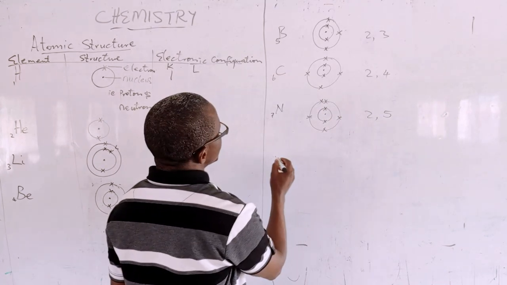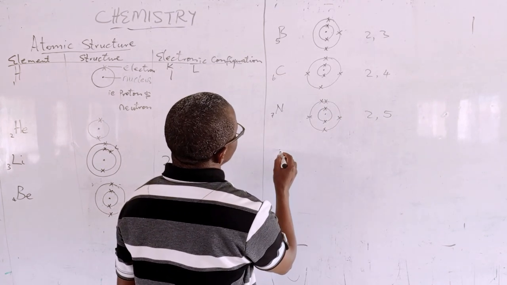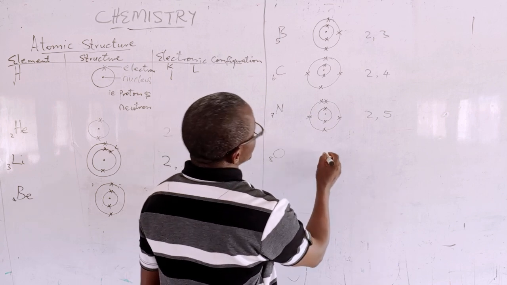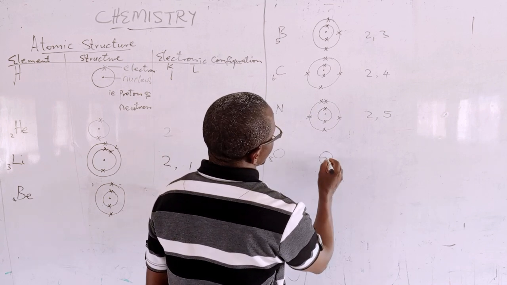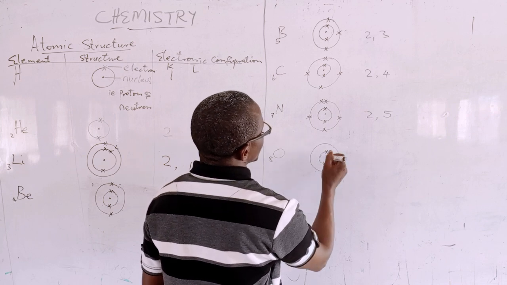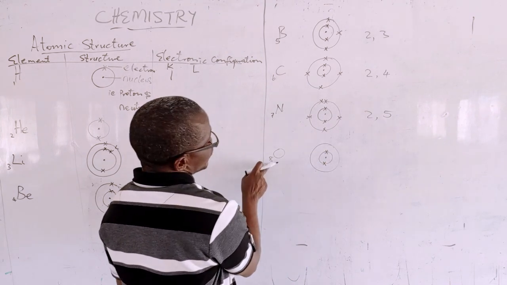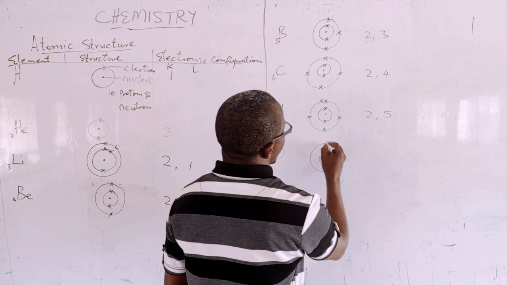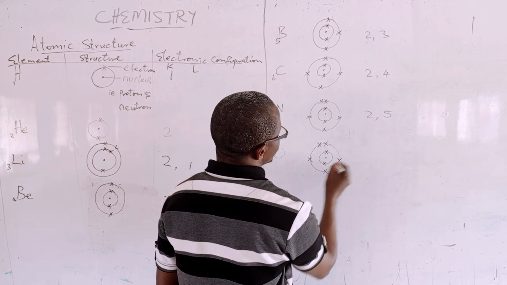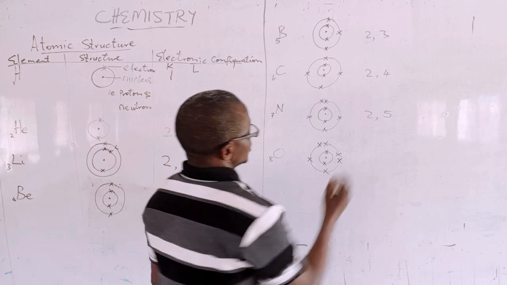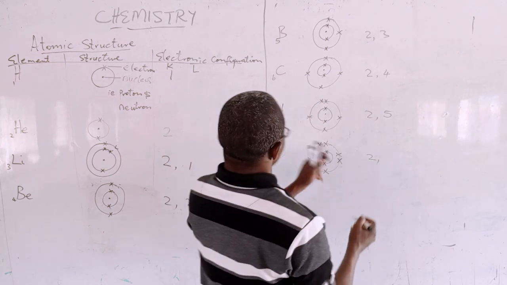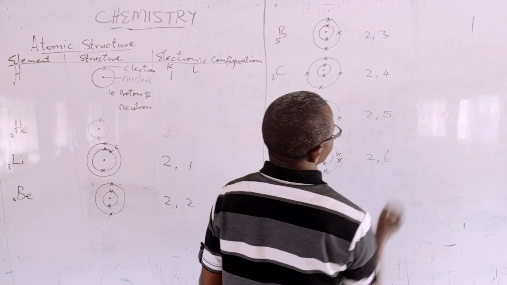The next is oxygen, atomic number 8. You draw the first shell, 2 electrons are there. Draw the second shell. How many? Remove 2 from 8, 6. Put 1, 2, 3, 4, 5, and 6. Then you have 2, 6.